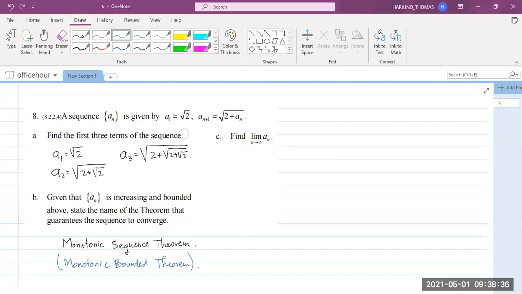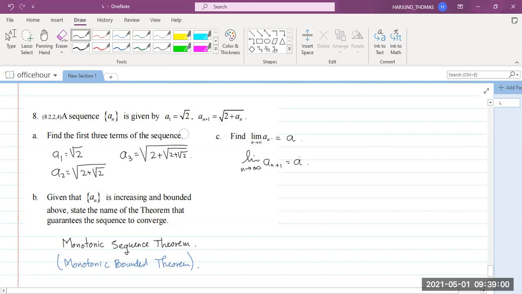Now then, find the limit. Let's call the limit A. Now then, if the limit is A, then the limit of the (n plus 1)th term is also A. Is it right?